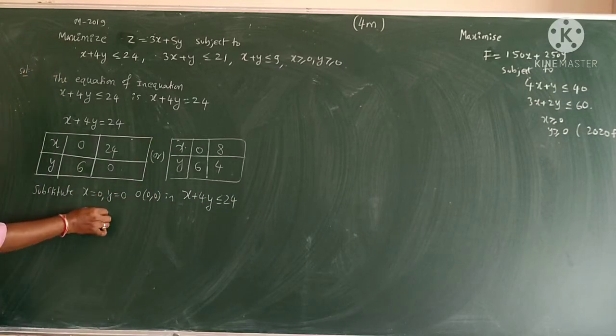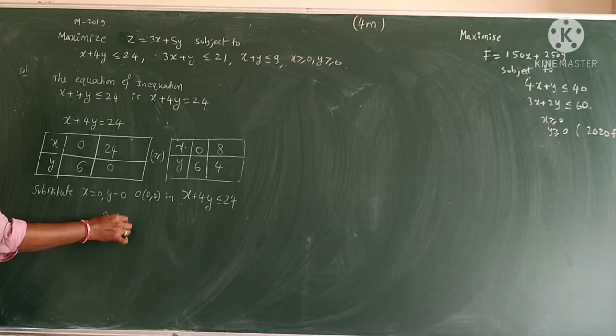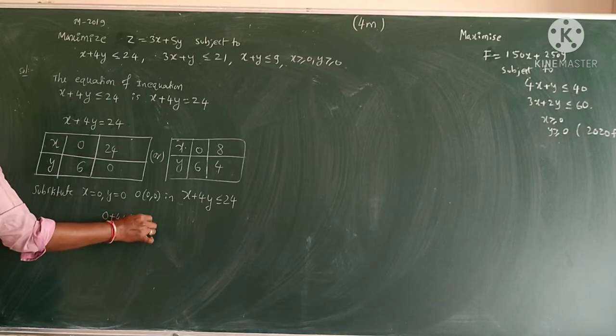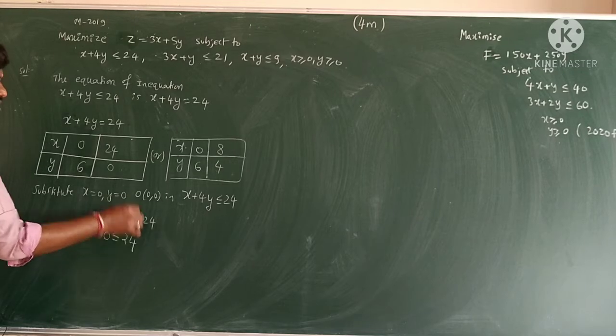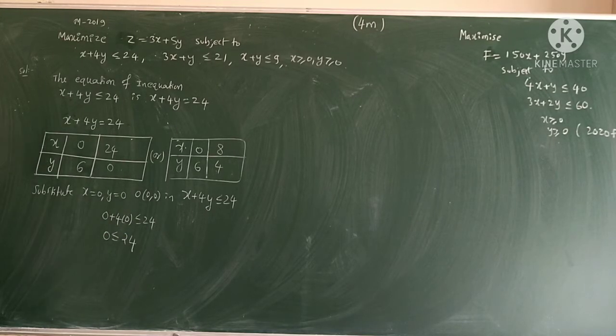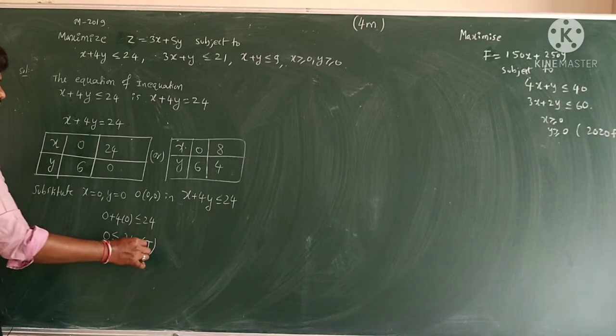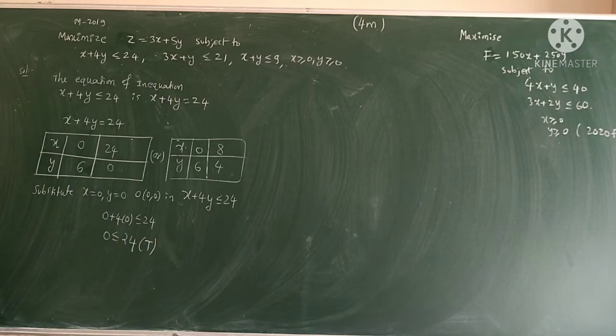If I substitute there, I get 0 plus 4 into 0 less than or equal to 24. I get 0 less than 24. Is 0 less than 24? Yes. So it is true.